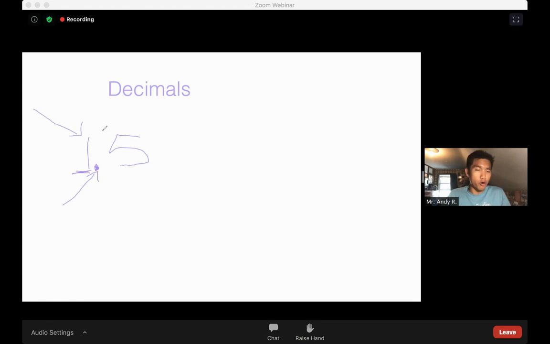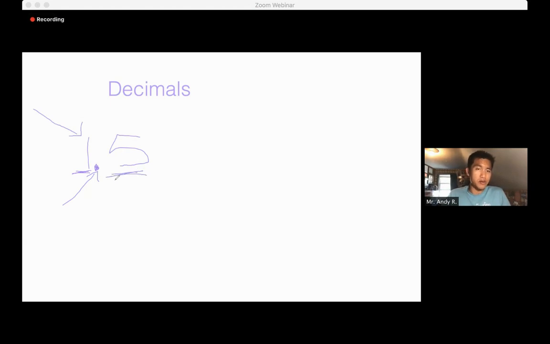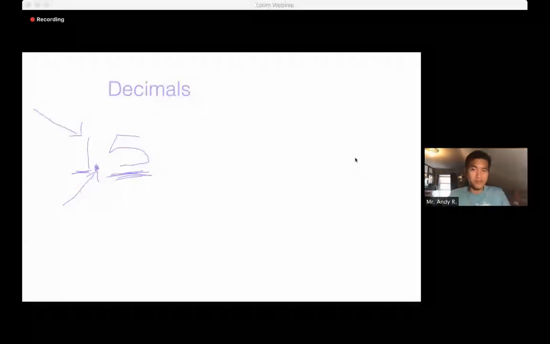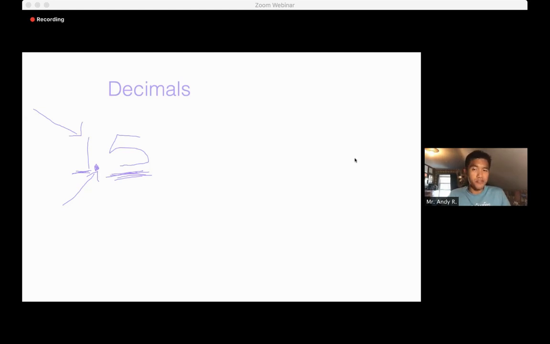So this 1.5 has 1 whole, and then what does the 5 mean? What is the 0.5? Put it in the chat. What does 0.5 mean? Yeah, it means half, or in fraction form, like this, 1/2.